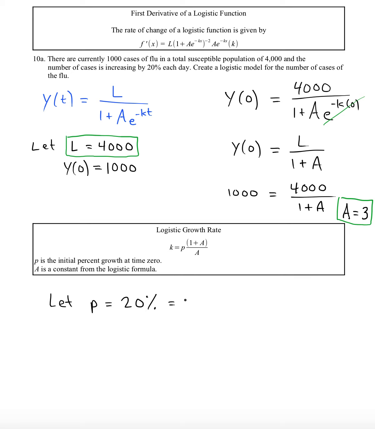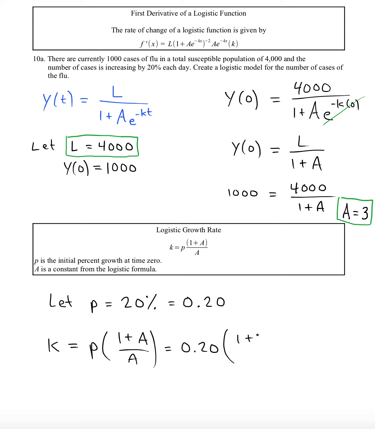And we can put that into decimal form. Okay. And now we're ready to use it to calculate the logistic growth rate. The formula says it's p times 1 plus A over A. So our percent growth at the start is 0.2.